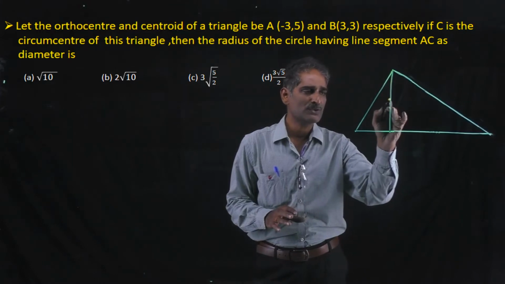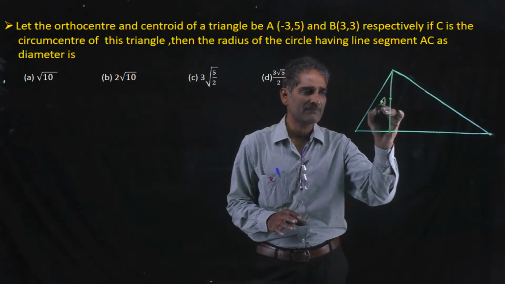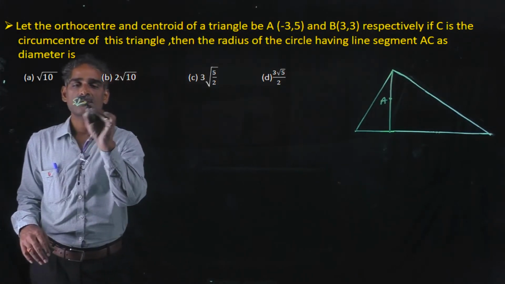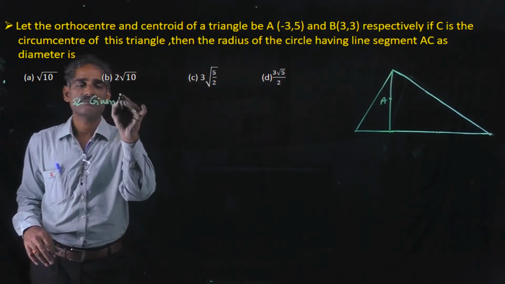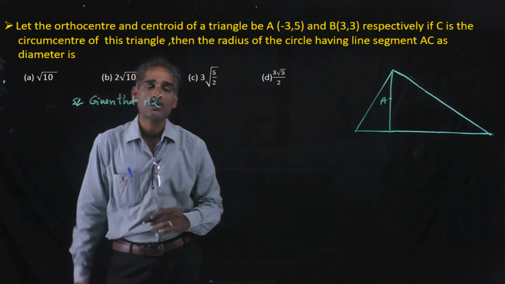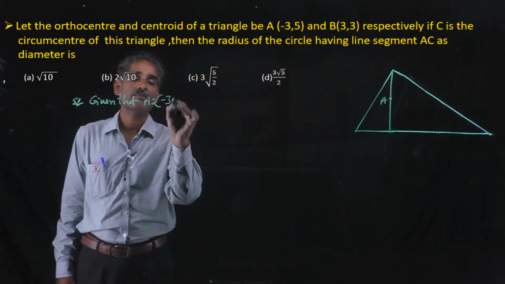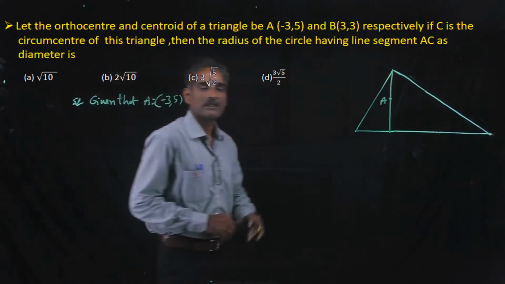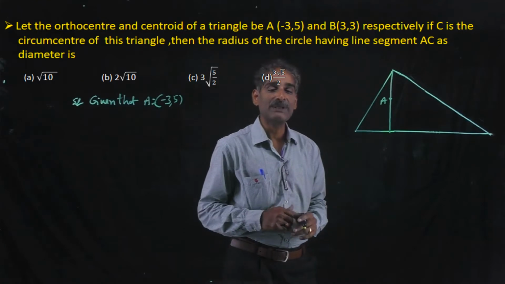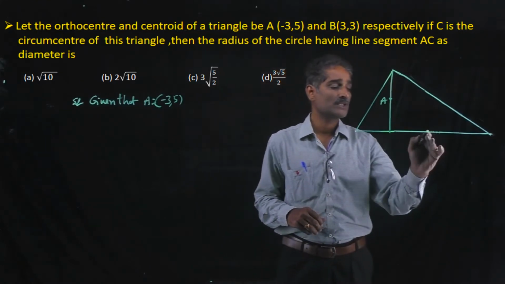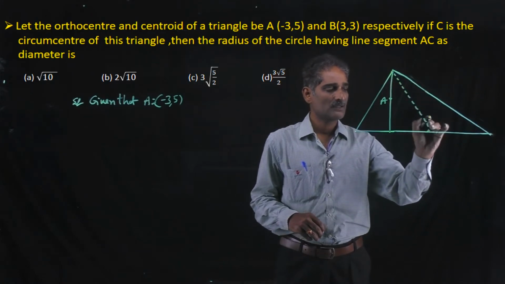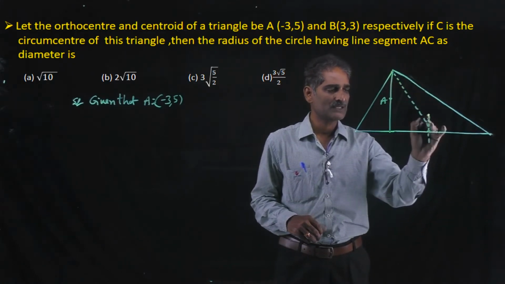Suppose this is the position of the altitude A. Given that orthocenter A is equal to minus 3, 5. Next, centroid of the triangle B. So we know that suppose this is the midpoint, this is the median, and this is the perpendicular bisector.